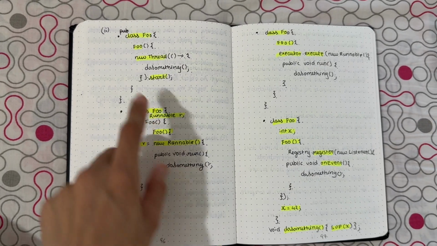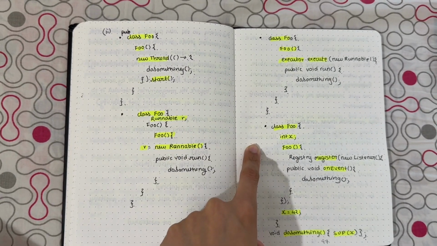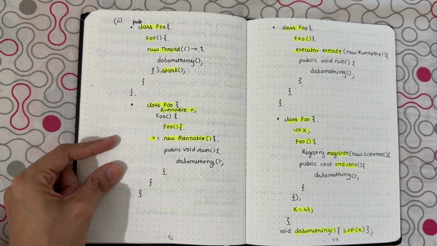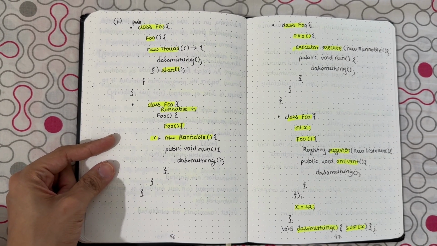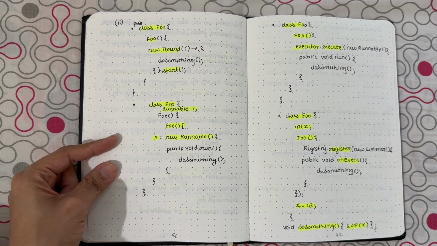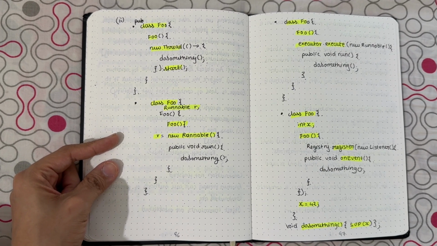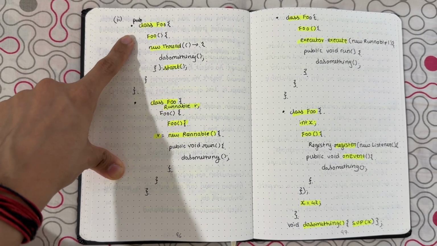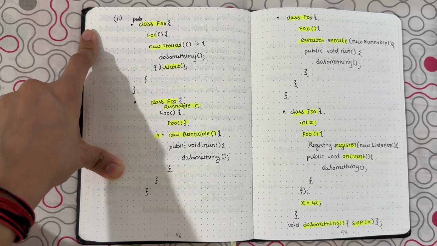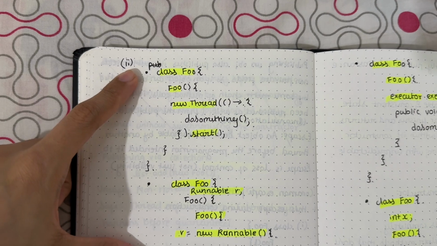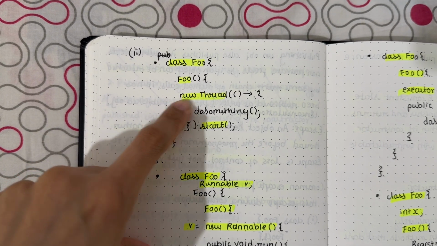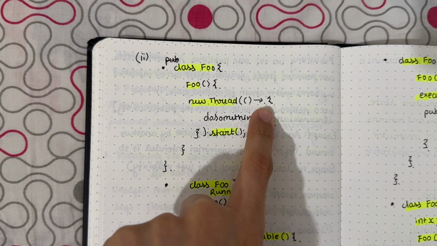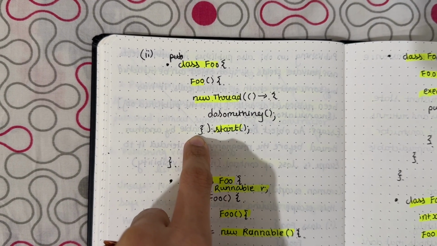Now these next set of examples which show us this escape in construction includes the usage of inner class and lambda expressions. So why inner class and lambda expressions? Because they contain a hidden reference of the enclosing object. So let's see them one by one. In the first example, I am creating a new thread in foo's constructor and using lambda expression to pass runnable to it.